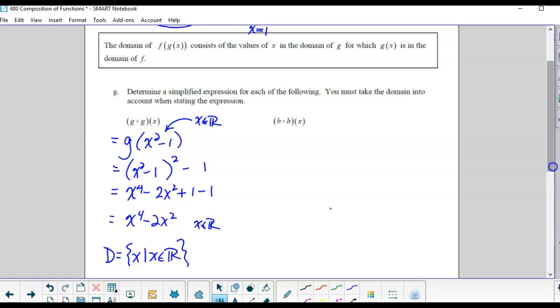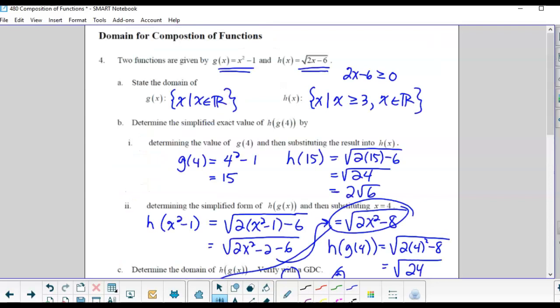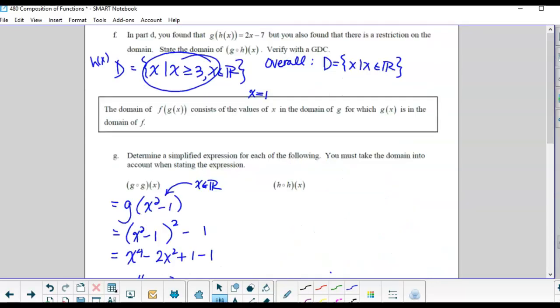Then h of x, so root 2x minus 6, and then that's in here, root 2x minus 6. So really, there's not much you can do here.